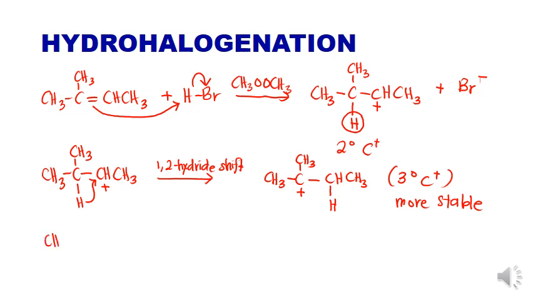This tertiary carbocation is then attacked by the nucleophile, and the only nucleophile that we have in this reaction is Br minus. So Br minus easily attacks this carbocation and produces the major product.